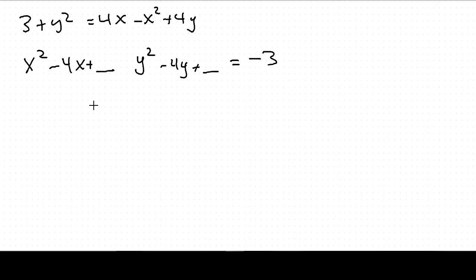Do you remember what we did before? We divided it by 2. So it would be negative 4 divided by 2, which would be 4. Where else does that 4 go? On the other side.